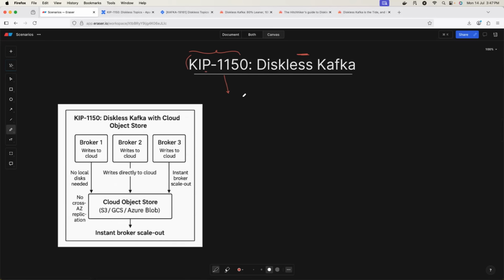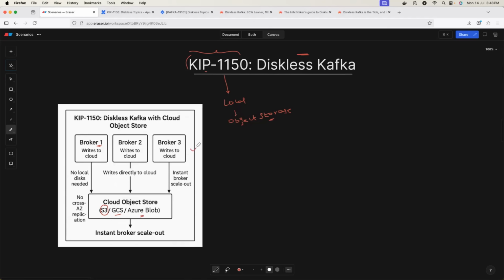At a high level, the crux of this solution is to move from local disk to object storage on the cloud provider. What does that mean? Instead of the broker writing data to its local disk, now it writes data to an object store like an S3 bucket, GCS, or Azure Blob.